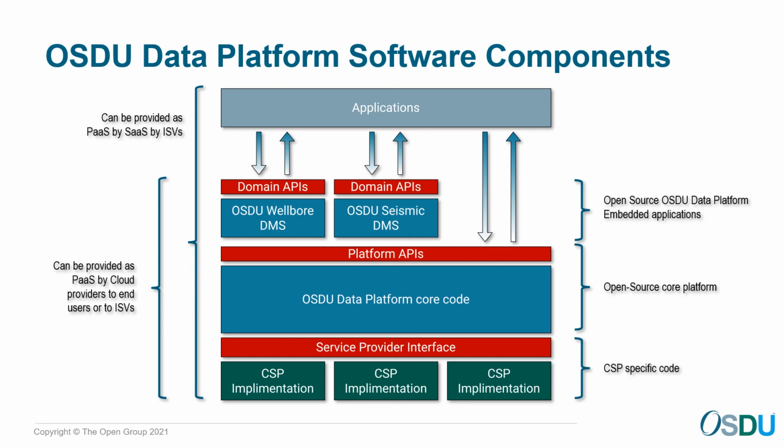Everything in this area here is developed in the community GitLab under an open source model, and is available to anybody to download and contribute themselves. From a deployment point of view, people can download the code themselves. They can get access to the platform through a PaaS model by cloud provider or a SaaS model provided by software providers.